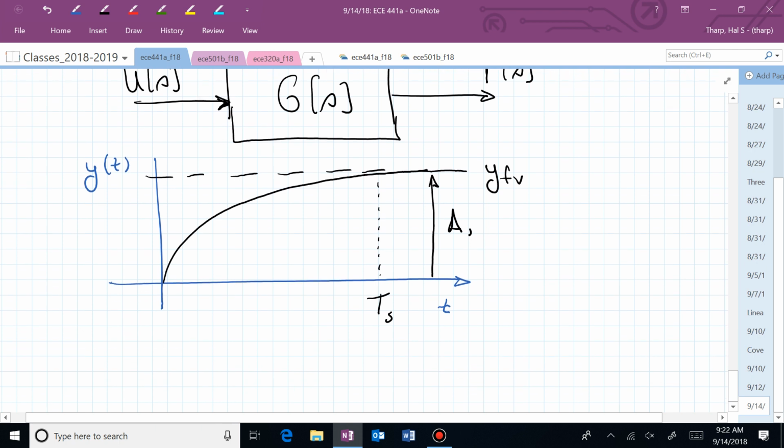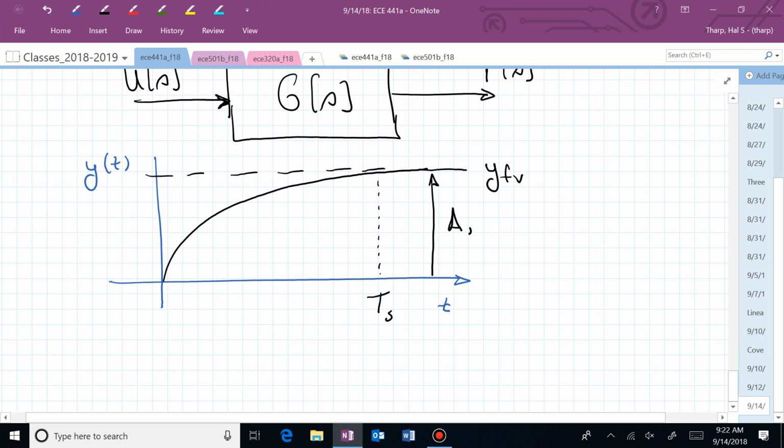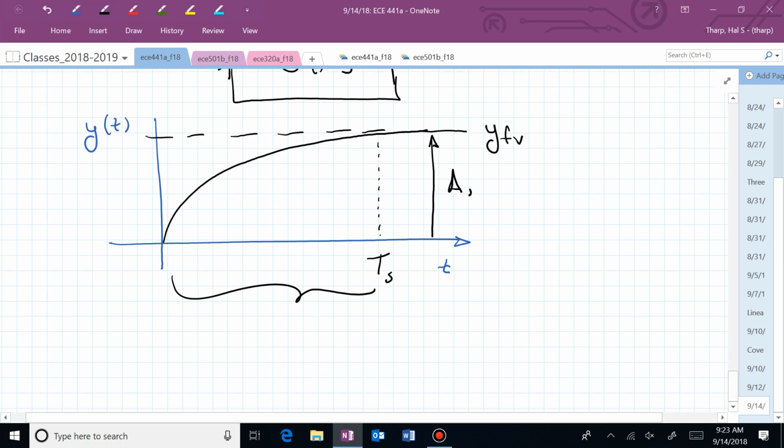Do you remember, and I've been saying this occasionally, how long is t sub s in terms of time constants? It depends on what we're calling our settling time. If we say a 1% settling time, then this is approximately 5 of those time constants.